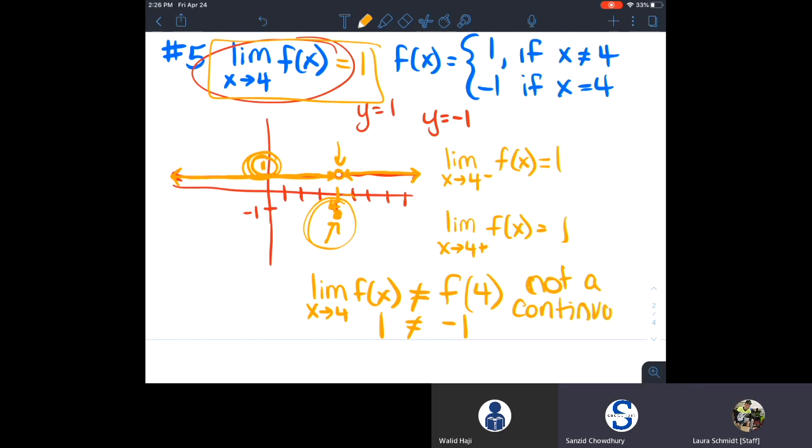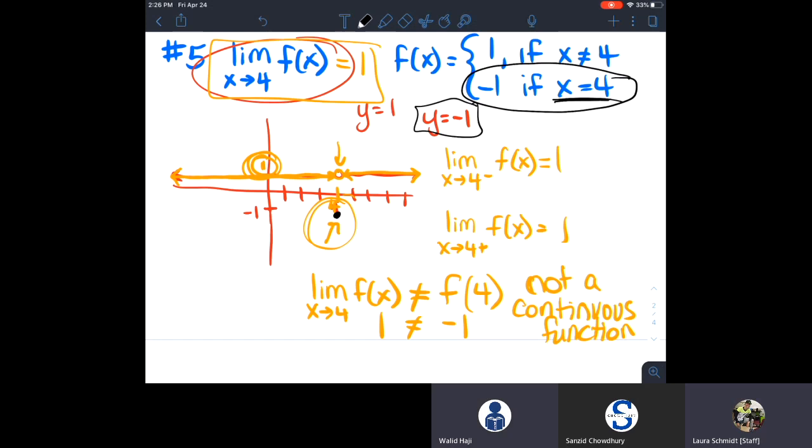Is there a line on the bottom one? Or is it just a dot? How do you know that? Because it just says only when x is equal to 4 that y is equal to -1. If you were to make a line, it would hit other x values, but you only want it to hit one x value.